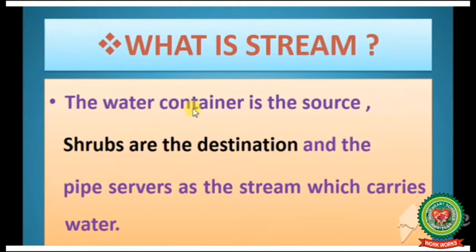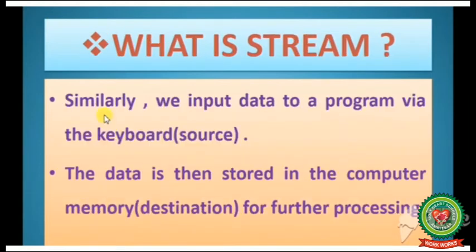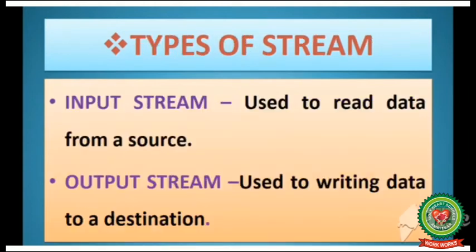See, the water container is the source, shrubs are the destination and the pipe serves as a stream which carries water. Similarly, we input data to a program via the keyboard, that is the source. The data is then stored in the computer memory, that is the destination, for further processing.